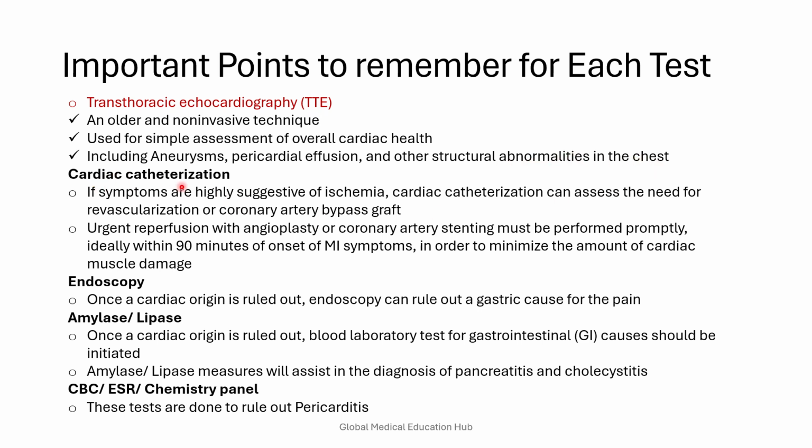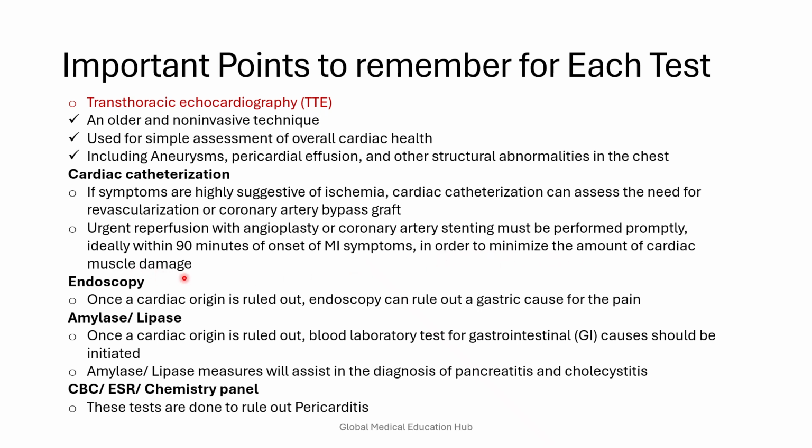Cardiac catheterization. If symptoms are highly suggestive of ischemia, cardiac catheterization can assess the need for revascularization or CABG. CABG is coronary artery bypass graft. Urgent reperfusion with angioplasty or coronary artery stenting must be performed promptly, ideally within 90 minutes of onset of MI, in order to minimize the amount of cardiac muscle damage.